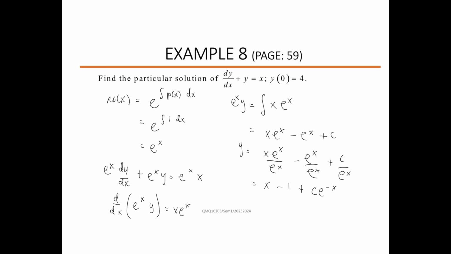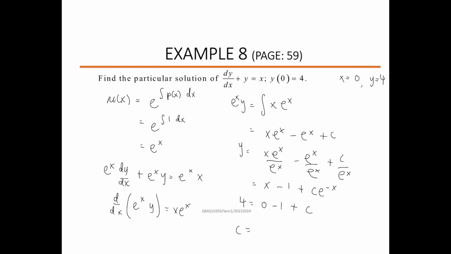So this one is the general solution. To find the particular solution, substitute the condition given. Here it means when x equal to 0, y equal to 4. So 4 equal to 0 minus 1 plus e^0, which is 1, so plus c.